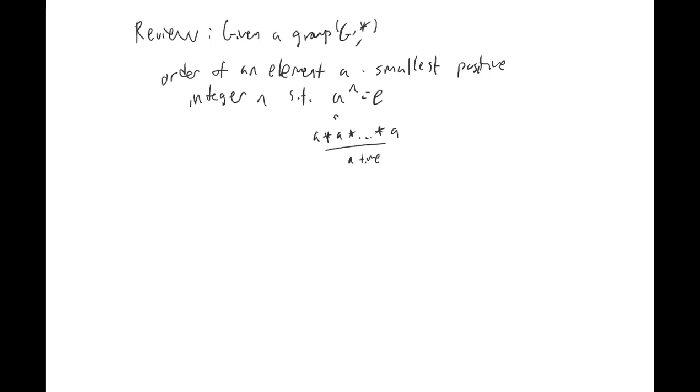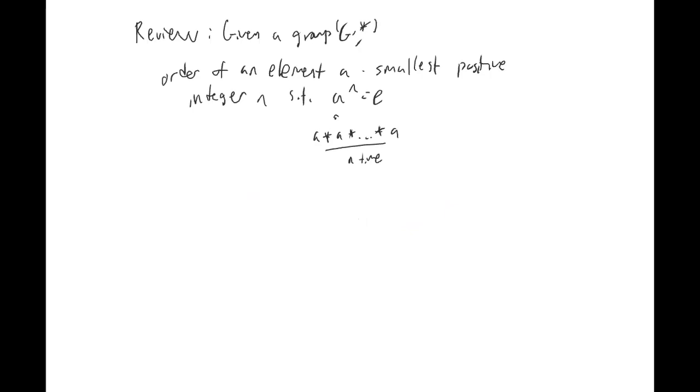For example, in Z mod nZ under plus, 1 to the n is 1 plus 1 plus 1, n times. So you shouldn't think of this as multiply. You think of it as whatever the group operation is. I'm just clarifying that because I feel some people might mess that up.